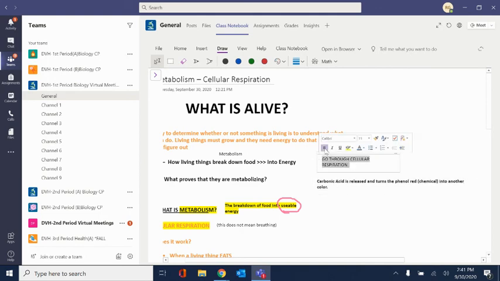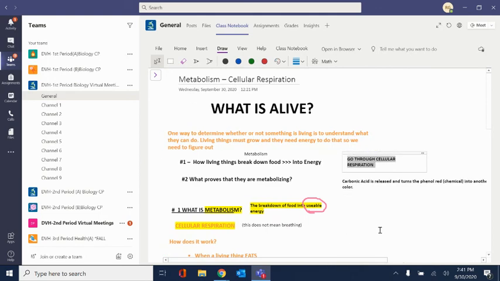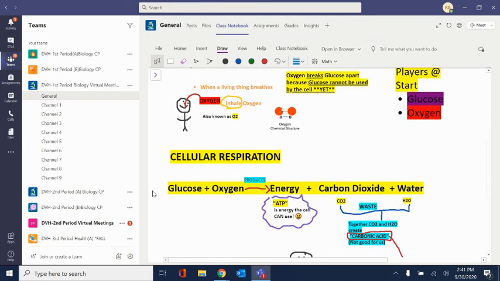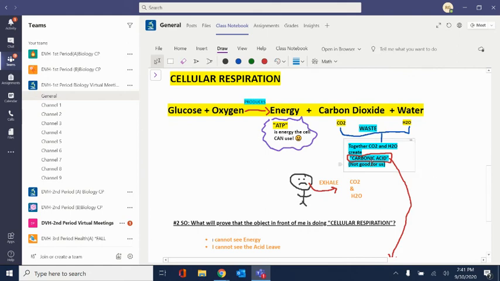Please go back through these notes. Make sure that you understand the players of cellular respiration. You need to know the process of cellular respiration. You need to know that carbonic acid is a product of cellular respiration that we don't need.